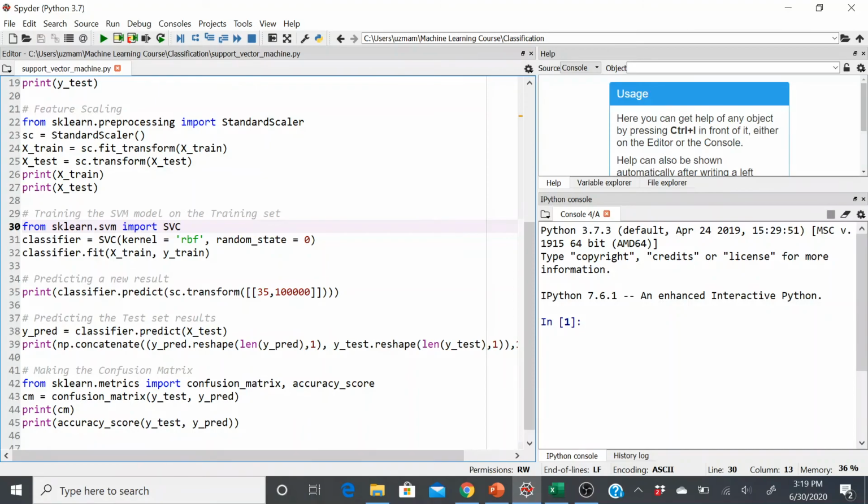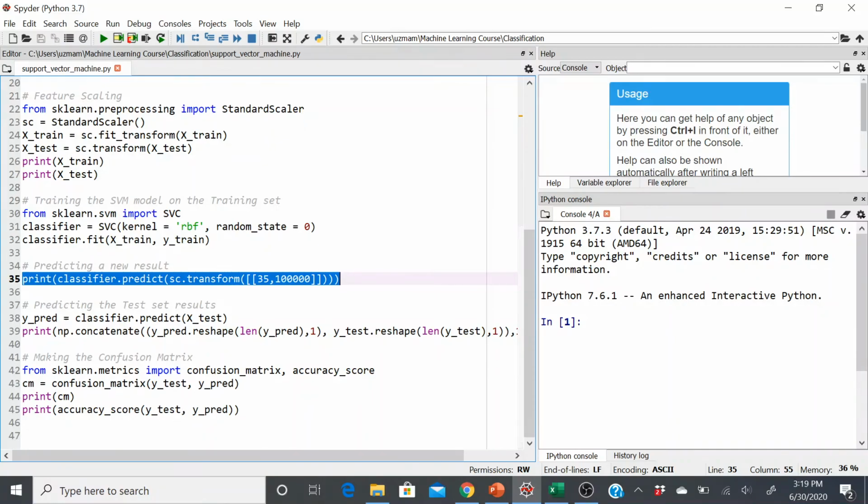This is how I import this class from the scikit-learn svm library and then create an instance of that class. Notice I'm using RBF, and random_state equals 0 will help me get the same results every time I run it. You might remember this from one of the previous lectures. Once we've created the classifier, this is how we predict. Just do a dot predict and then a transform on that.